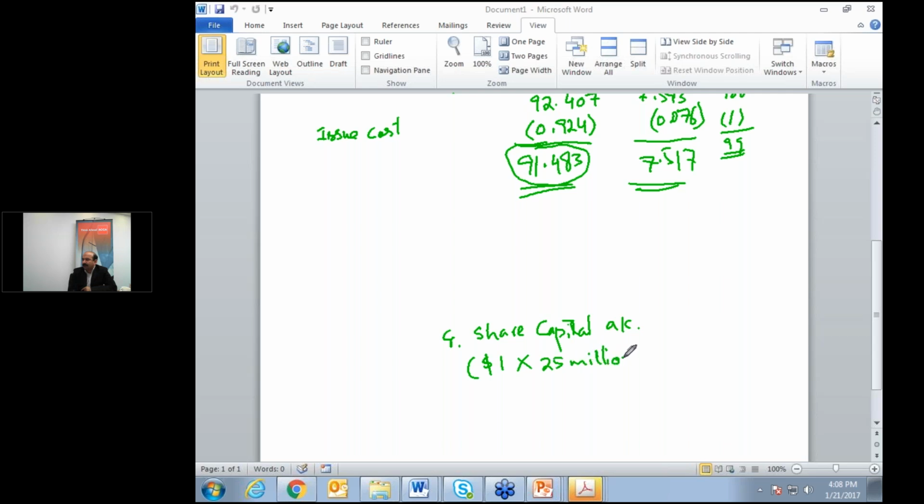If you just look at the question, it says that on conversion 25 million ordinary shares of $1 each will be issued. So each share has face value $1, so this will give us 25 million.